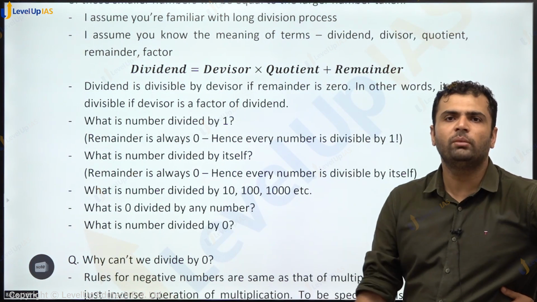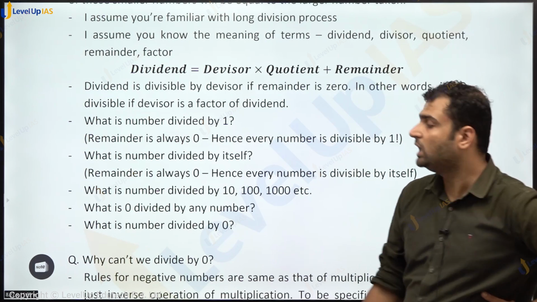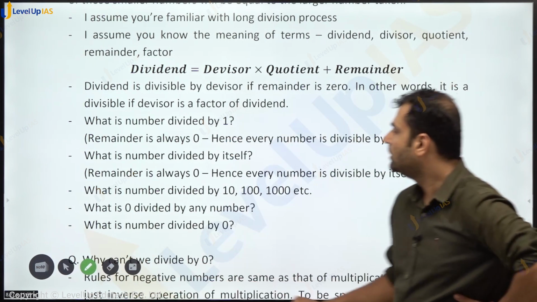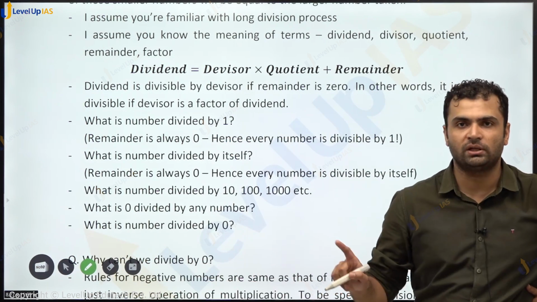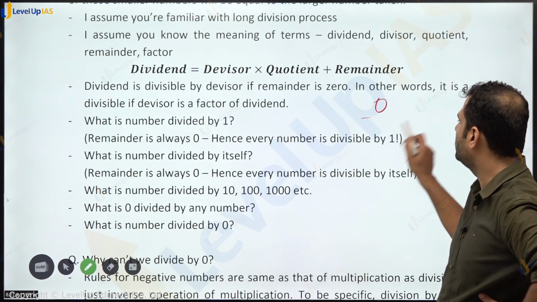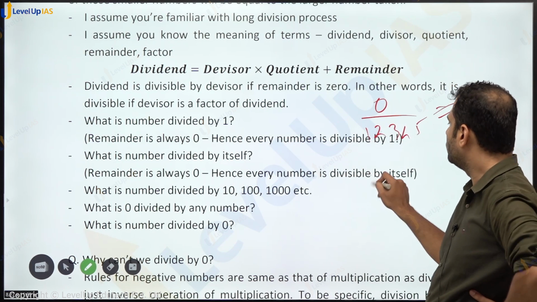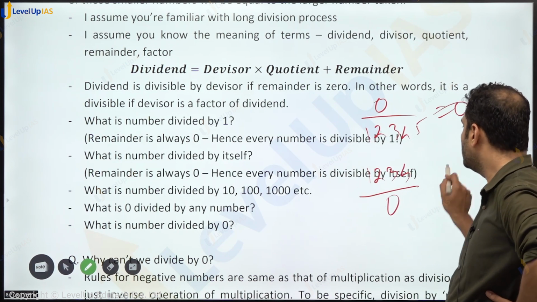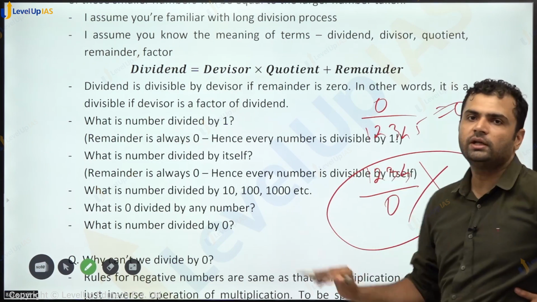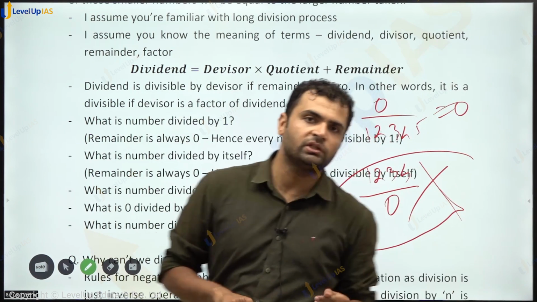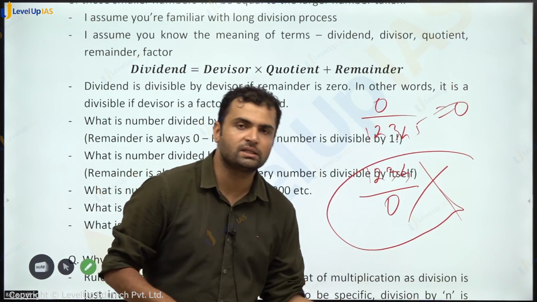0 divided by any number is 0, but we cannot divide any number by 0. मतलब 0 कभी divisor नहीं हो सकता. 0 can be divided. So 0 divided by anything, 1, 2, 3, 4, 5 is equal to 0. But 1, 2, 3, 4 divided by 0 is not allowed. It is not a valid mathematical operation. We run into many mathematical inconsistencies.